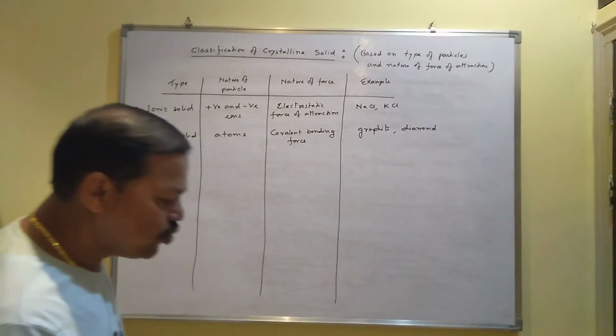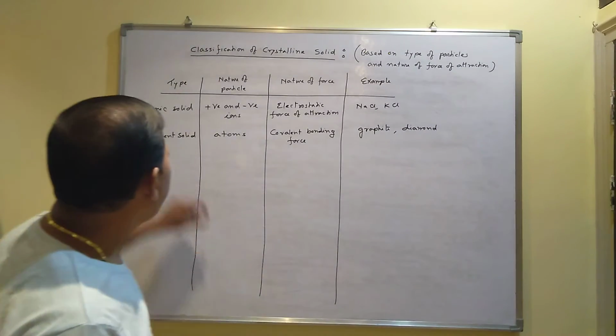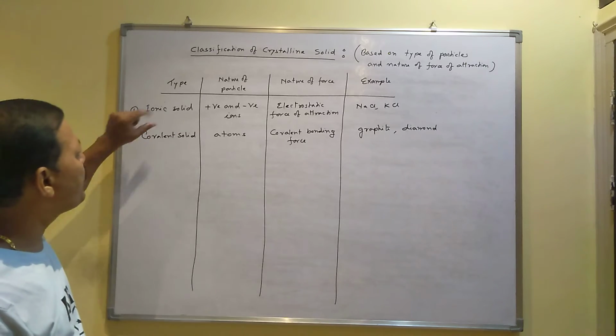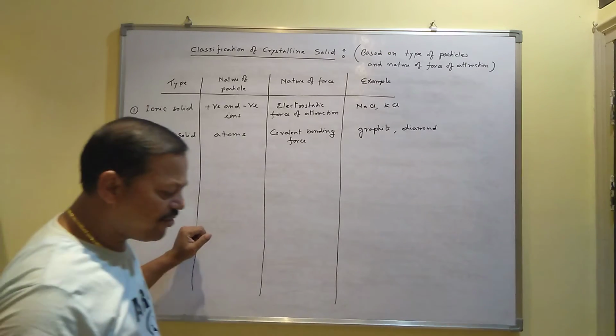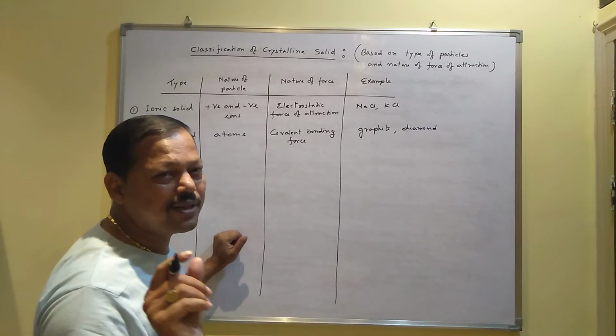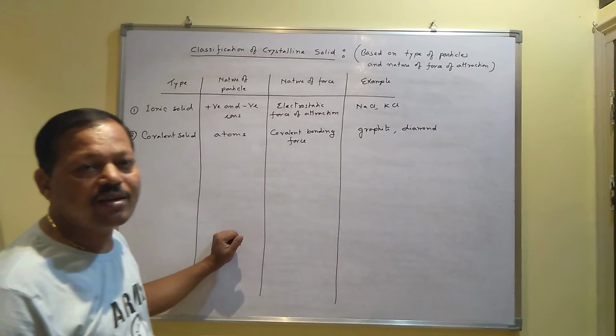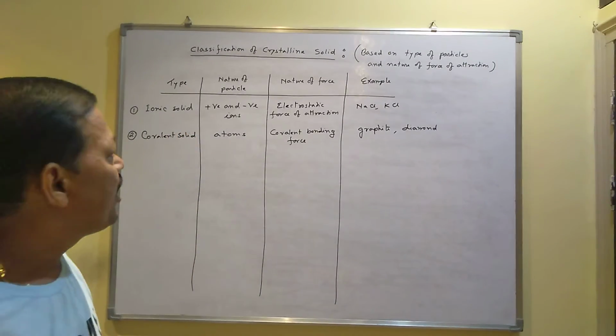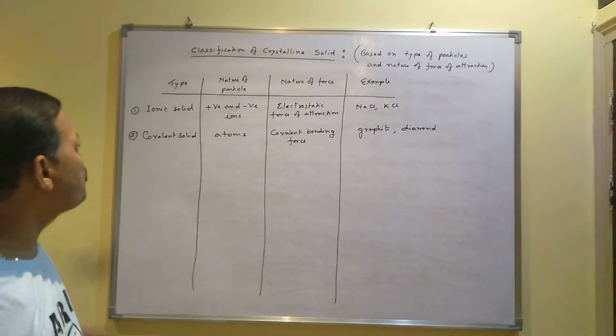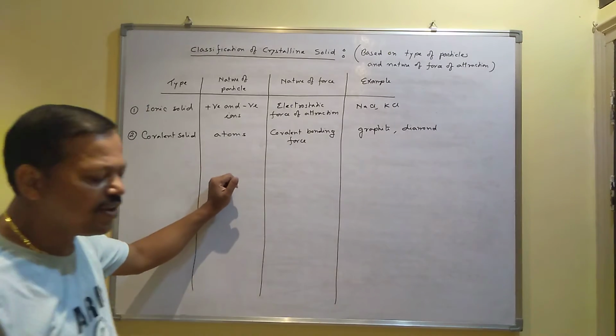And if you want to know about the physical nature of ionic solid and covalent solid, in case of ionic solid, normally ionic solids are hard and they are bad conductors of heat and electricity in solid state, but in aqueous solution they become good conductors of electricity.